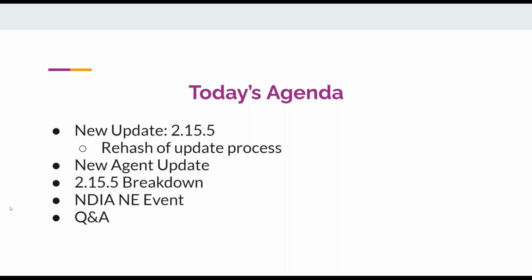There is a New England event that is happening shortly. So we'll just touch upon what that's going to look like. If any of you are in the area, I'm going to get you some details on what the cost might be. Some aspects of it have no cost, so we'll touch upon that, and we will end on Q&A.